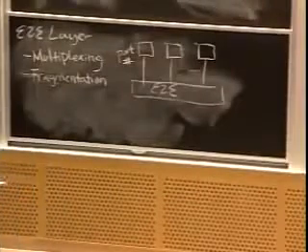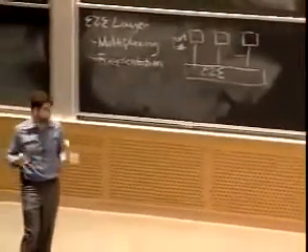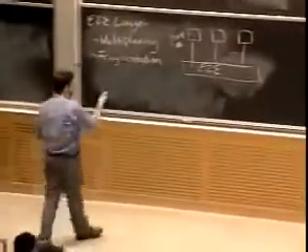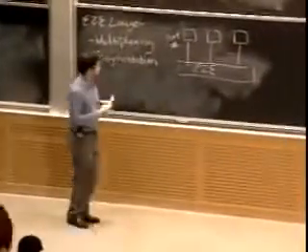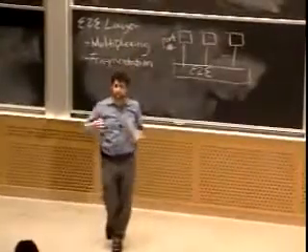Oftentimes these ports are running at well-known addresses. We talked about these numbers very briefly earlier. For example, web servers run at port number 80 in the TCP protocol. So if you want to contact a web server at a particular machine, you talk to port 80.